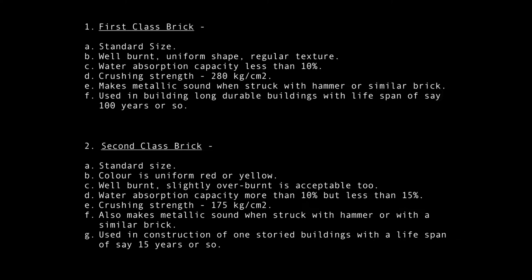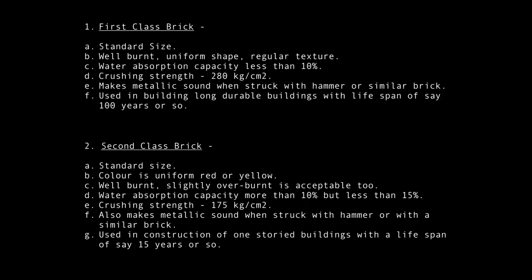They can be a first class brick, which is generally of standard size. By standard size we mean that bricks whose corners are chipped or broken in some form are not considered first class brick. So first class brick has to be of a standard size. They are well burnt, uniform shape, regular texture.